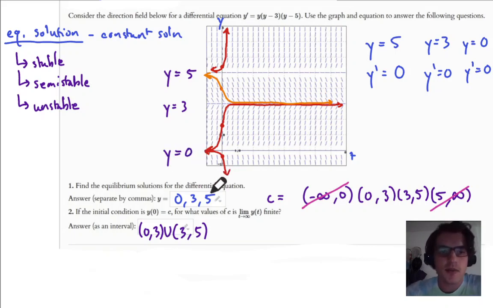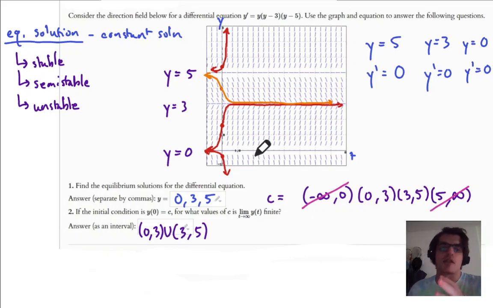Based upon what you know the definition of the word stable and unstable to be, I'll give you a hint that there are no semi-stable solutions here. Does y equals 5 look like a stable or unstable solution? Does y equals 3 look stable or unstable? Does y equals 0 look stable or unstable? Just think about it. We don't really need to talk about why these are the case yet. Hopefully you thought that 3 looked stable, 5 looked unstable, and 0 looked unstable.